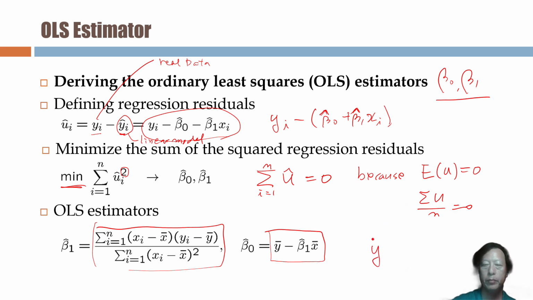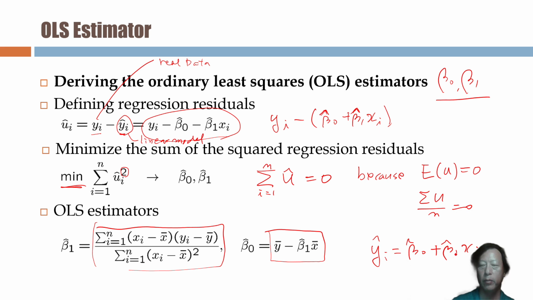yi should be beta 0 plus beta 1 xi, right? So if you just move beta 0 and then everything, this should be plus.